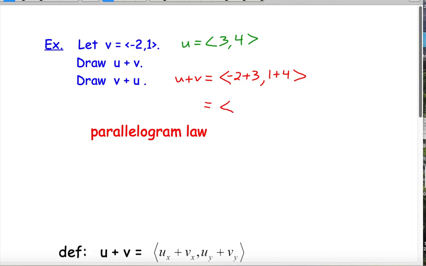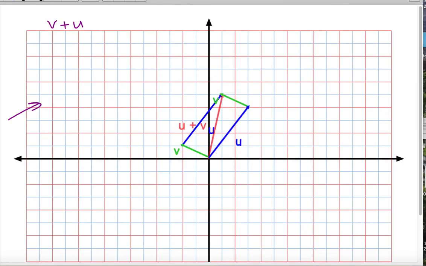And so that gives me the vector 1, 5. And from our picture, that is vector 1, 5, because we go 1 to the right and 5 units up.